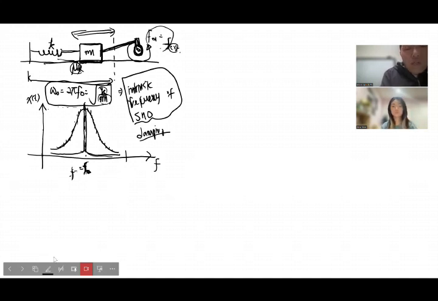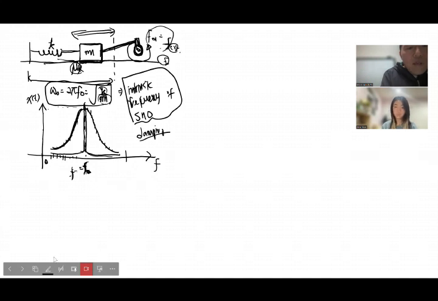If your external frequency is scanned from zero all the way to the maximum frequency, gradually increasing, the system responds with respect to the external driving frequency.